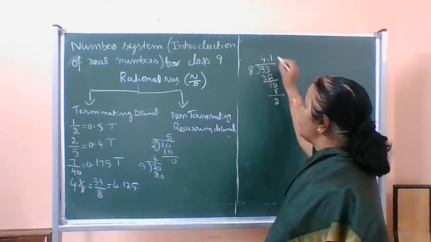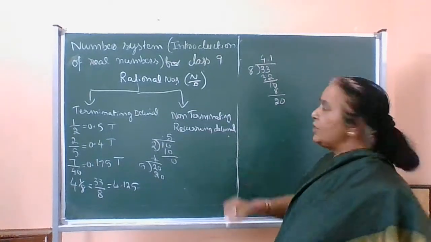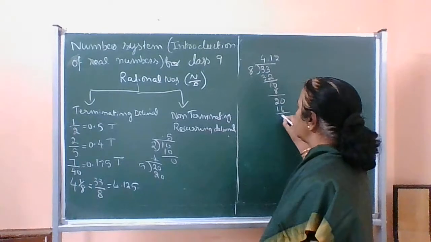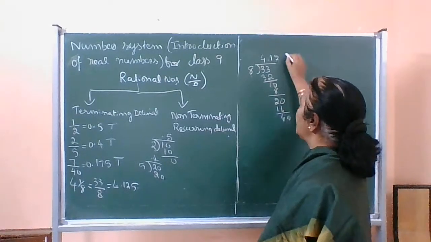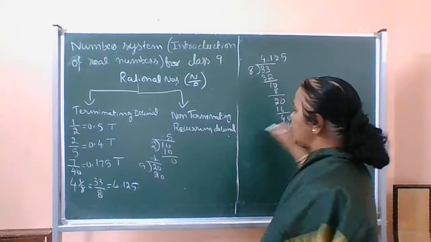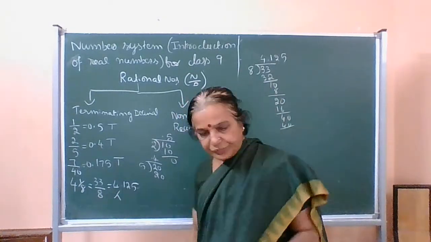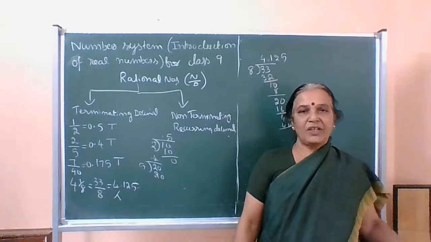Then you can keep on adding 0. 8 twos are 16, and 20 minus 16 is 4. 8 fives are 40. Now you got it as 4.125.